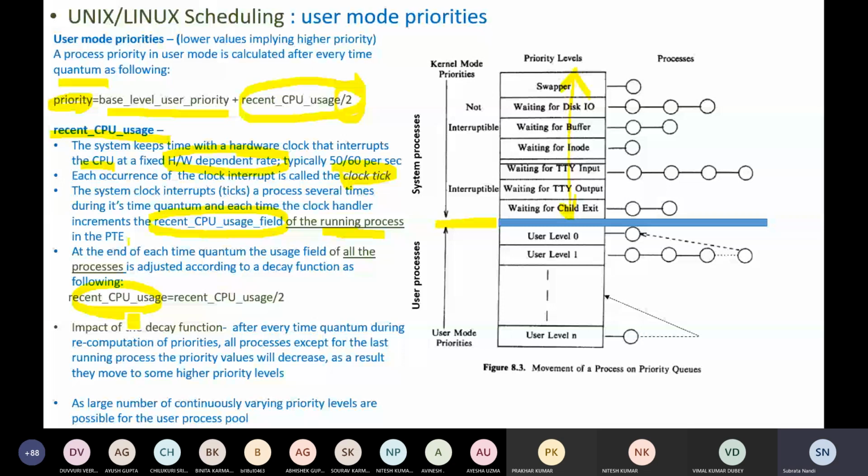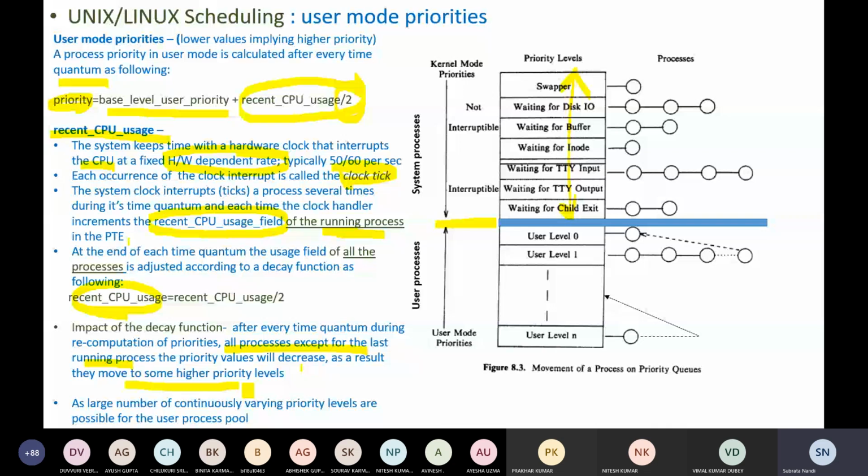So what is the impact of this decay function? After every time quantum, during the recomputation, for all processes except the last running process, the priority values will decrease. As a result, they will move higher in the priority levels, and their chances will be more.